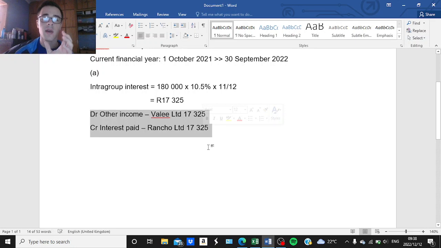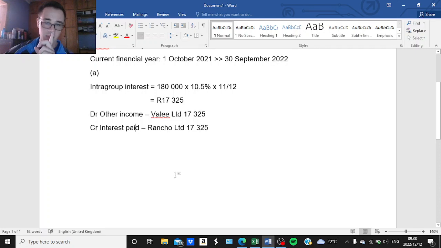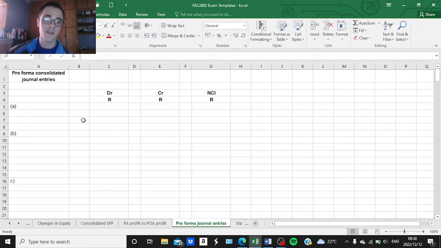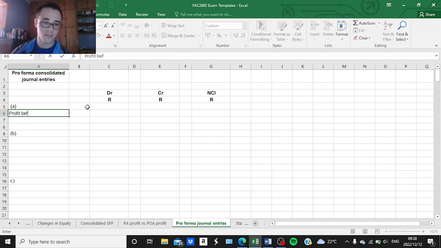All right, if all the income and expense items were shown separately on your given trial balances. However, in this question, they have not shown the income and expense items separately. They have only given us the profit before tax amount for each company. So therefore, we will make use of profit before tax for each company.